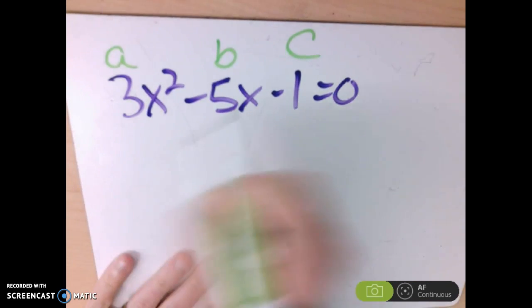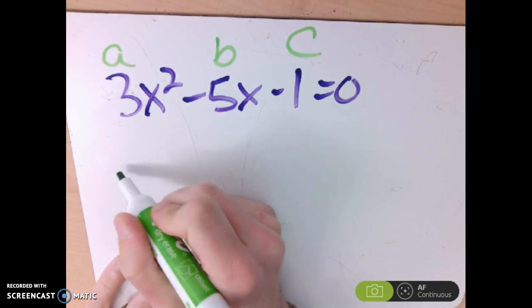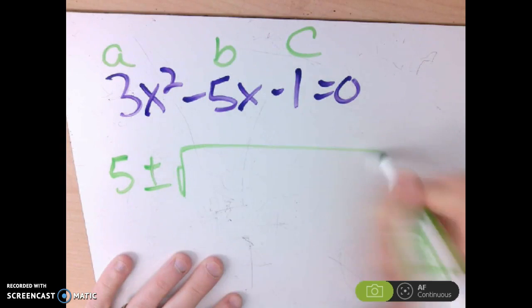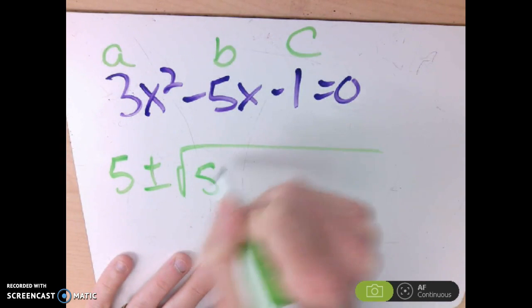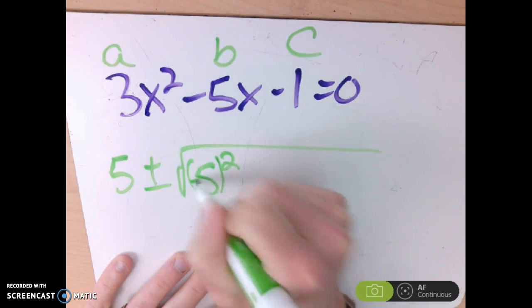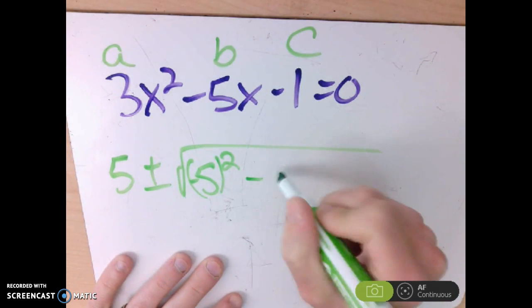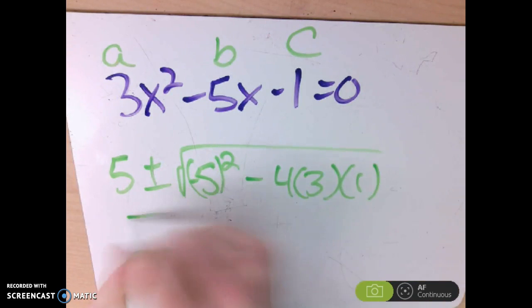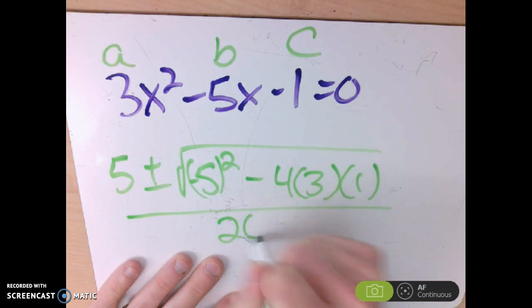So I do negative b, the opposite of negative 5, which is positive 5, plus or minus the square root of negative 5 squared, minus 4 times 3 times negative 1, all over 2 times 3.